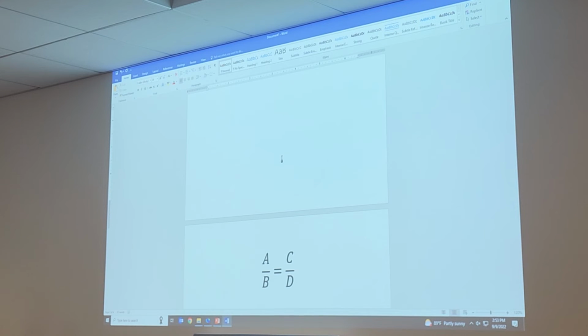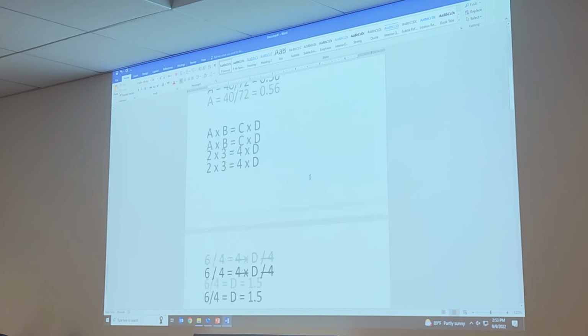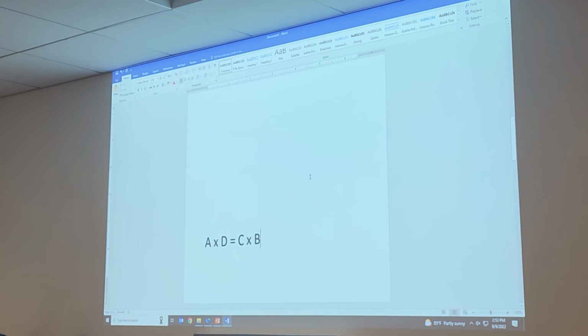Okay, so you could just cross multiply it, right? You could just say A times D equals C times B, right? And when you do that, it looks a lot like section B, doesn't it? Right? So it makes it nice and simple. But I'm going to show you an even easier method, in my opinion.